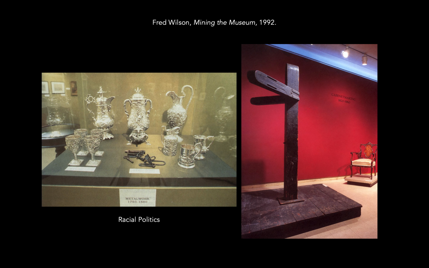And so you had someone like Fred Wilson, who's an incredible artist. In 1992, he was invited by the Baltimore Historical Society, which is basically a museum that shows artifacts and objects, not really art like an art museum. Arguably some of it is art, but it's more about the artifacts of the country, of the nation, right? So things like very beautiful chairs or silverware from the colonial period, the pre-colonial period.